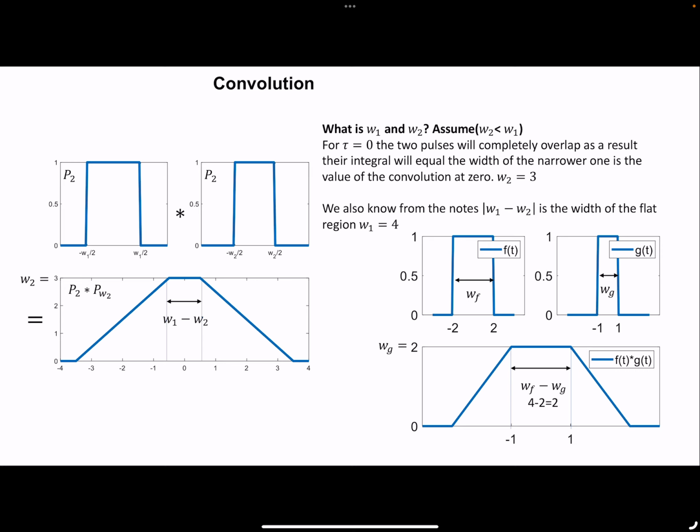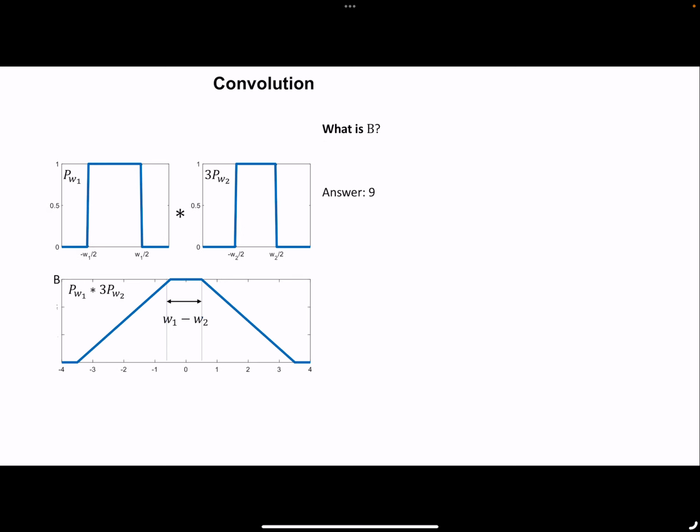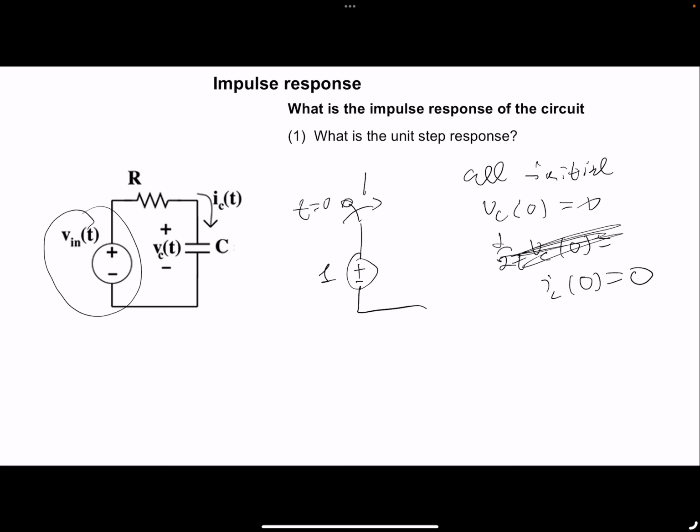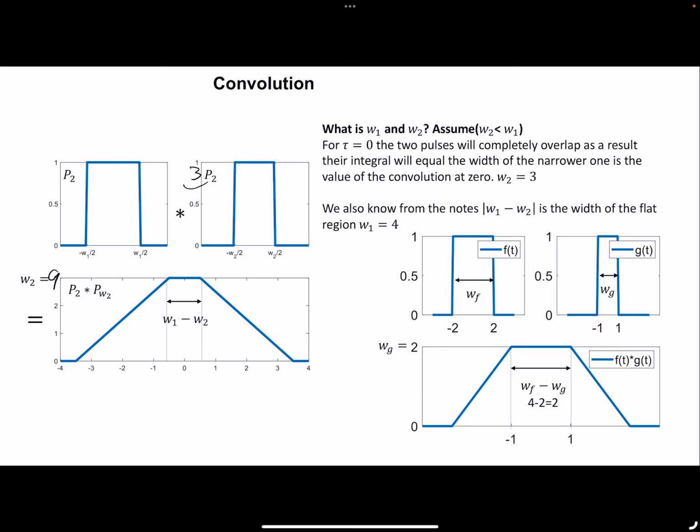Or I could multiply this by 3 so that you have a 9 here, so you have to realize that you have to divide everything by 3. That's actually the next example. Yeah, that's pretty much it.